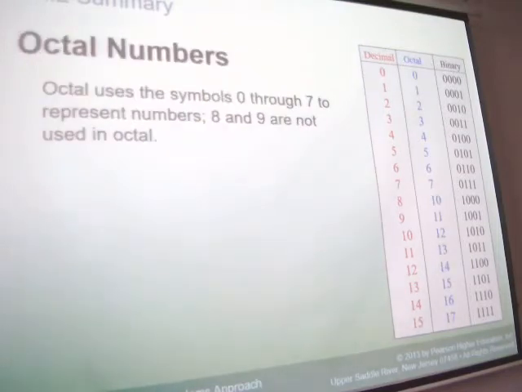Octal numbers is another kind of number. Octal uses the symbols of 0 through 7 to represent numbers. 8 and 9 are not used in octal.